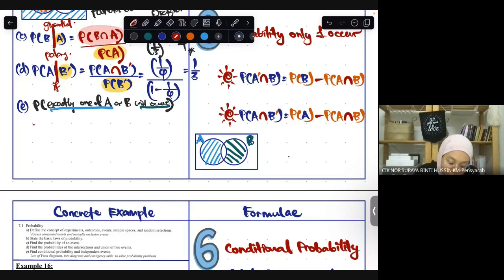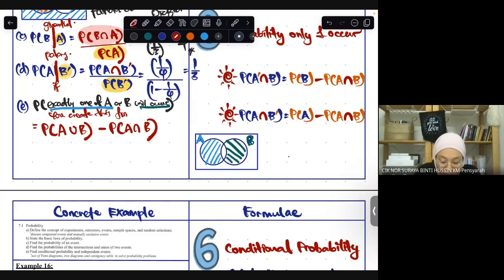We can create the formula saying that in order to get this blue and green, you just use this A union B minus with probability of A intersect B. So you create this formula, you are the mathematician now, according to your Venn diagram. So belajar probability ni dia kena flexible.